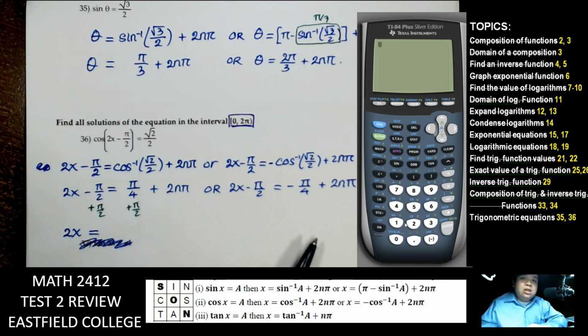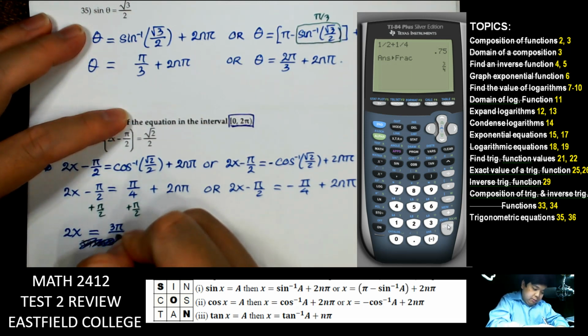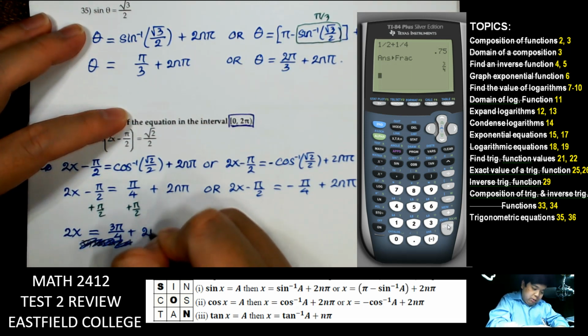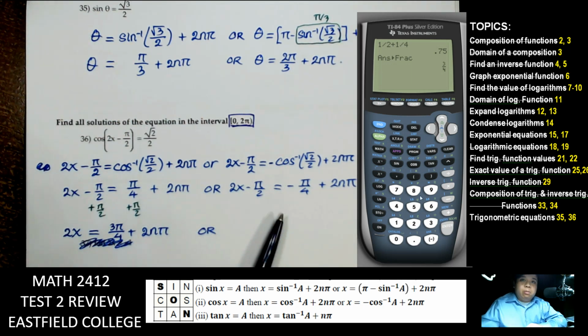Right. So we just have 1/2 plus 1/4. That gives us 3 over 4 pi plus 2n pi. Or, with the opposite, we have 1/2 minus 1/4.